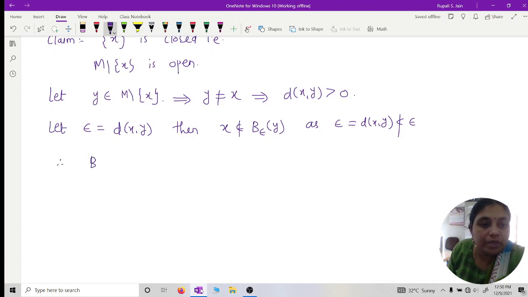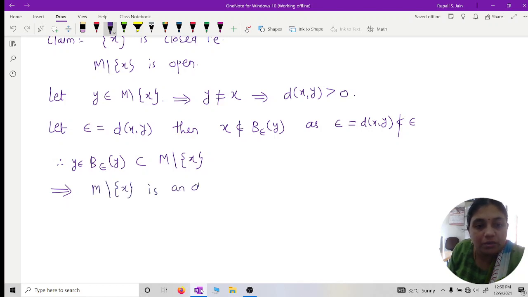Therefore, B epsilon of y is contained in M minus {x}. So y belongs to B epsilon of y, which is contained in M minus {x}. Therefore, this M minus {x} is an open set. That is, this implies singleton {x} is closed. So this proves the theorem. Okay.